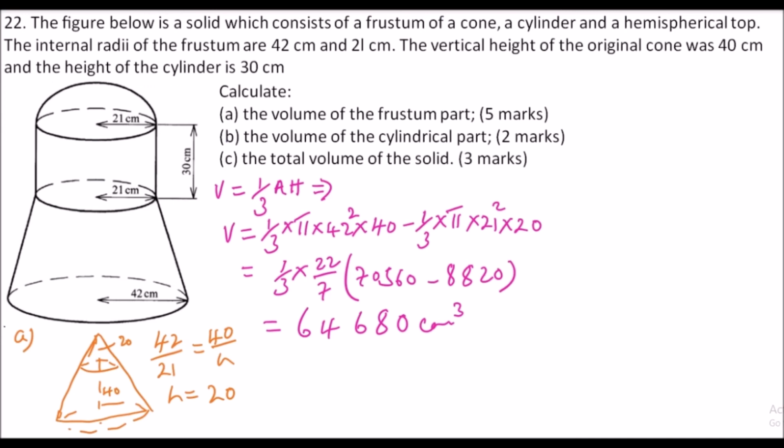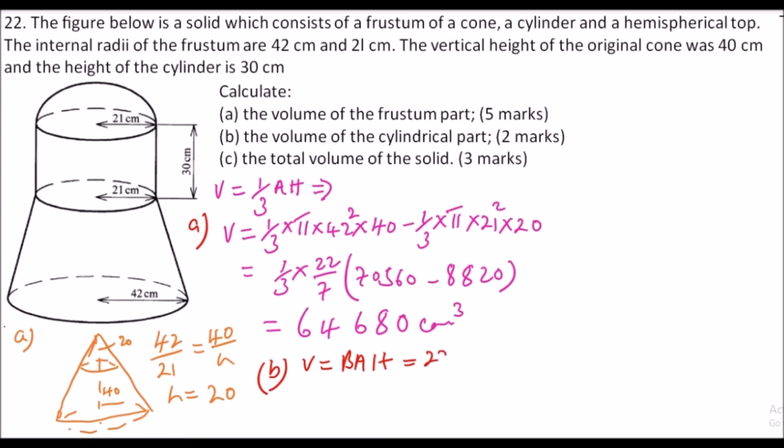Once you get the volume of the cone, then for part B, you are told to find the volume of the cylindrical part. The volume is equal to base area times height.